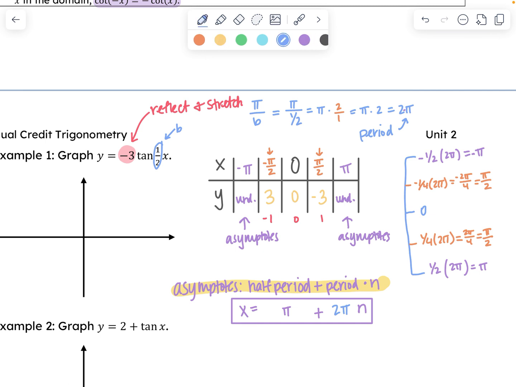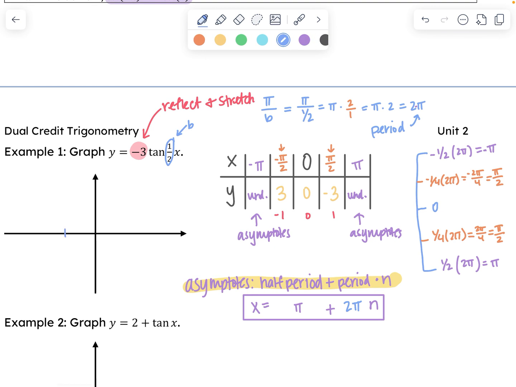So remember, we're going out to the left and to the right. So this one's at negative pi over 2, positive pi over 2, positive pi. We've got those asymptotes going up and down, the negative pi and the positive pi.